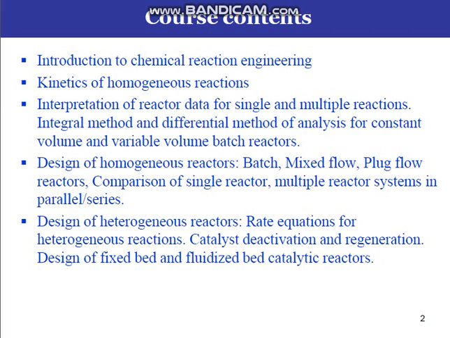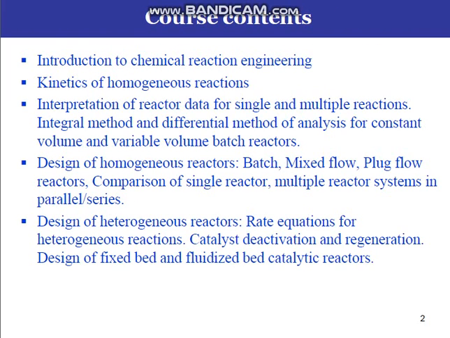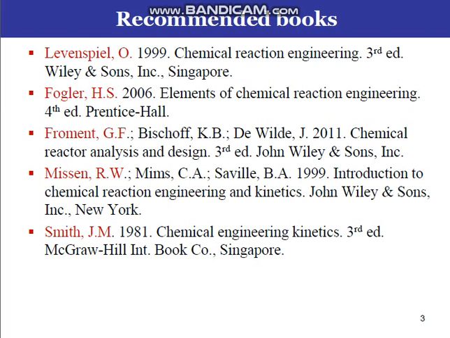So, introduction, kinetics of homogeneous reactions, interpretation of reactor data, which I'm gonna get into later, and the design of heterogeneous and homogeneous reactors. Now, these are the recommended books. Most of the material is used from Chemical Reaction Engineering, 3rd edition, by Fogler.